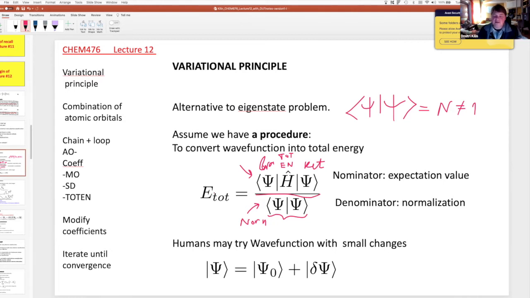Now, if I do not have many wave functions, if I have only one, and I want to slightly sculpt it, to shape it in the direction that will decrease the energy, I will take the original wave function psi naught and then add a little contribution, and then explore whether this small contribution will increase or decrease total energy.